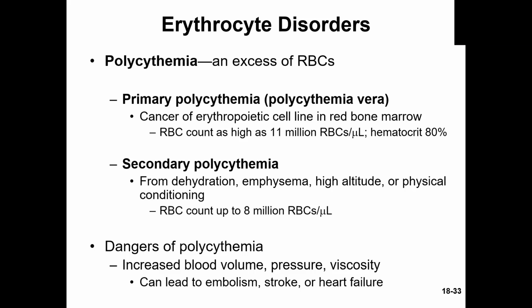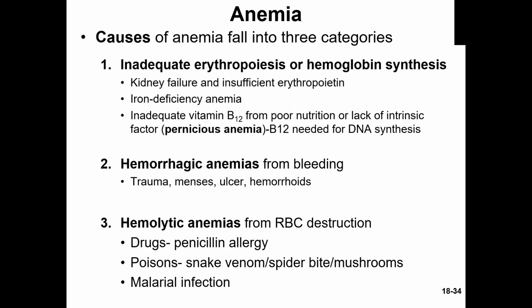This will increase the viscosity and make it thicker, which is going to then drag water into the vascular system. So we're going to increase the blood volume, thereby the pressure. So disorders like this, if we have aberrant erythrocyte production going crazy somewhere, can lead to embolism, stroke, or heart failure.